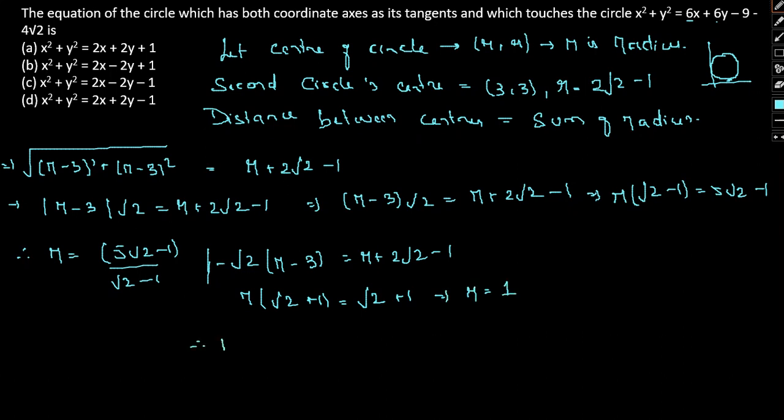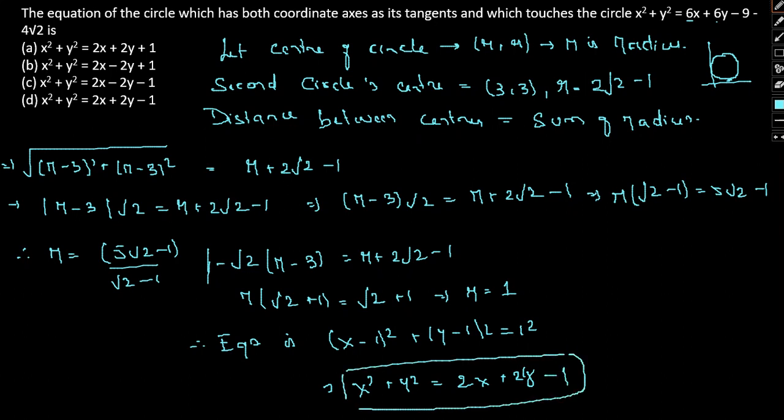So therefore the equation is simply x minus 1 whole square plus y minus 1 whole square equal to 1 square, which in turn is x squared plus y squared equal to 2x plus 2y minus 1.